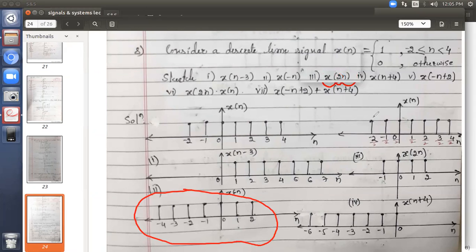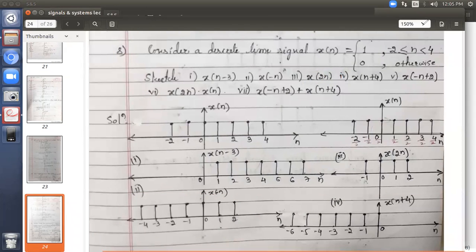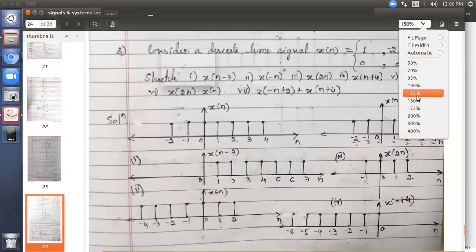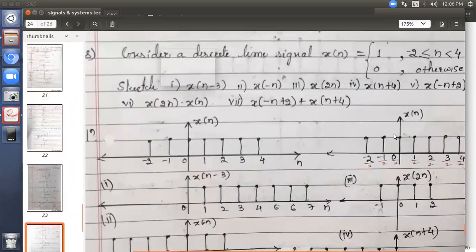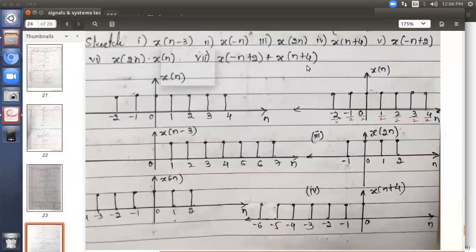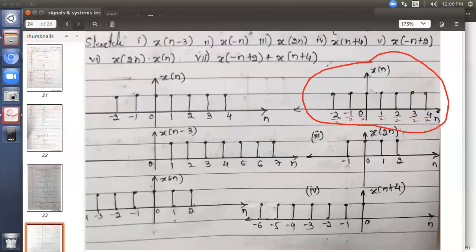So let's do that. For that, I have drawn x of n one more time so that it is easy for you. This is your x of n. As I want x of 2n, if you check here with the red pen, I have divided every time by 2.